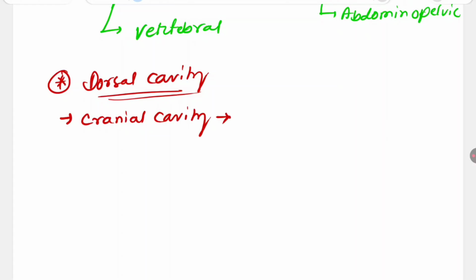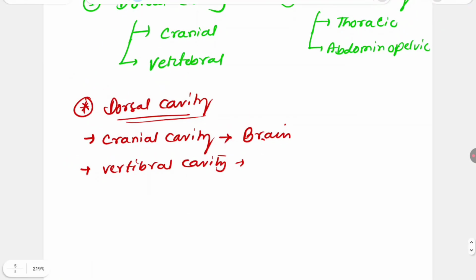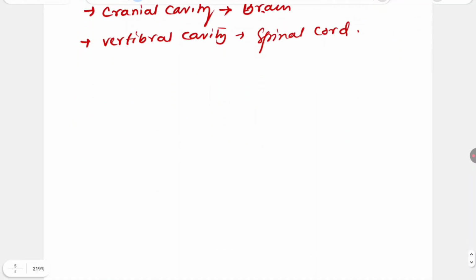In the cranial cavity, what is there? Brain is there. Vertebral cavity, it is the spinal cord. Spinal cord is there.